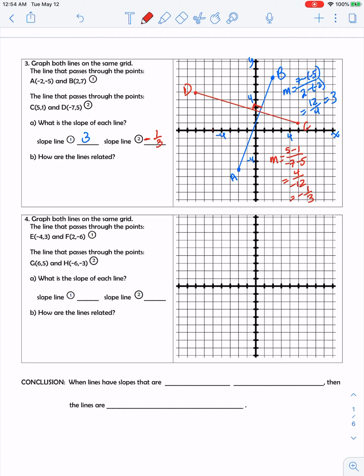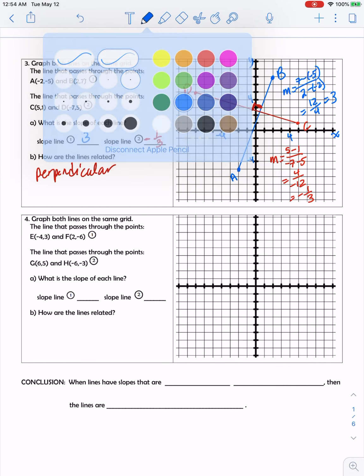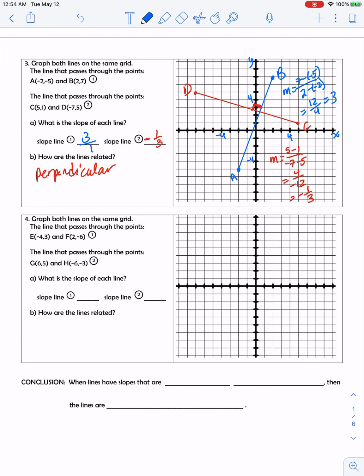To me, they look like they are at 90 degrees to each other. So they are perpendicular, and their slopes are, see, 3 is the same as 3 over 1, and then -1/3. So that's flipped. That would be the reciprocal.